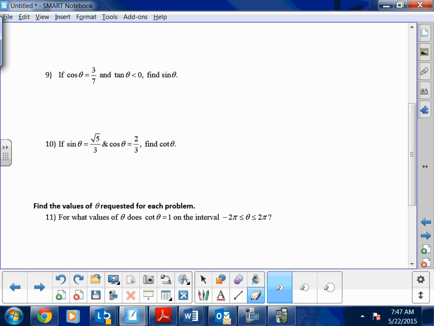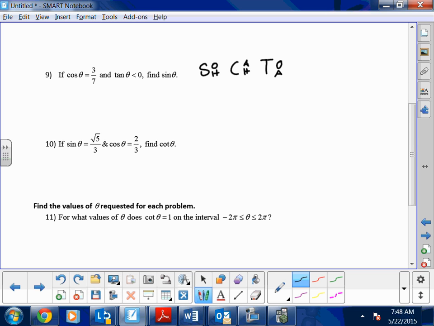So we want tangent theta to be less than 0. Now, let's apply the same idea that we have here, where we're still going to use SOH CAH TOA. So I'll write it up so you'll have a clear view of what we're working with.